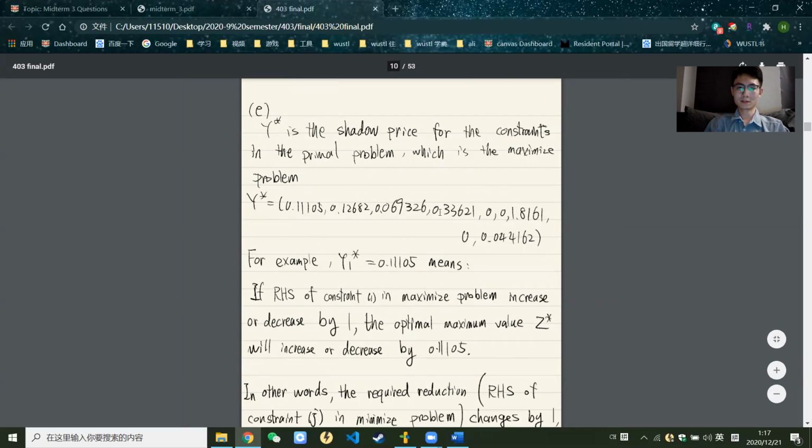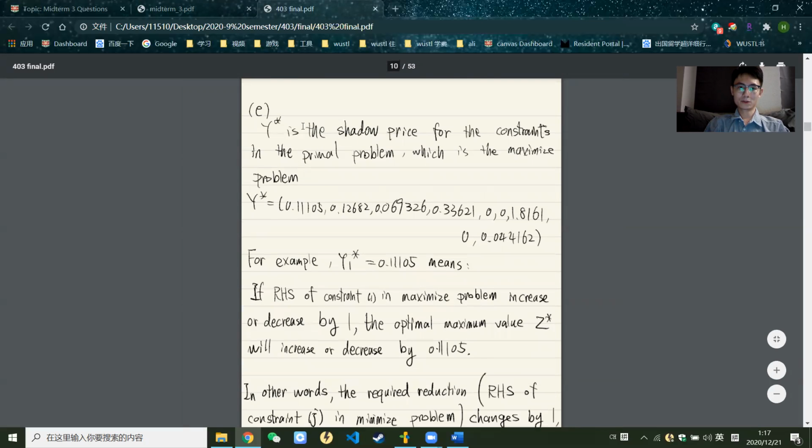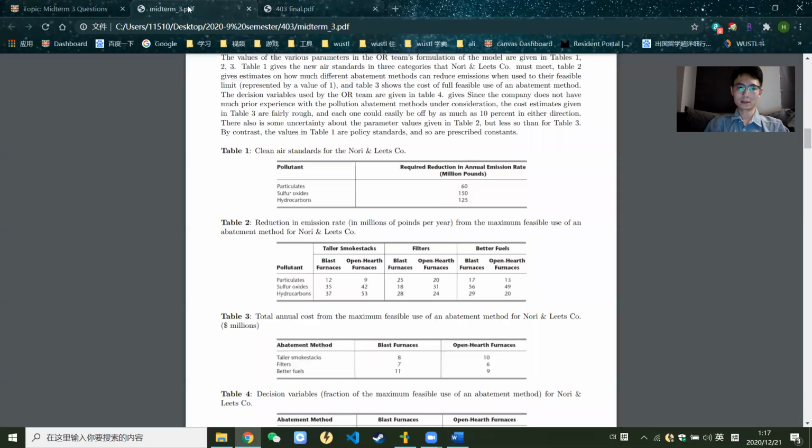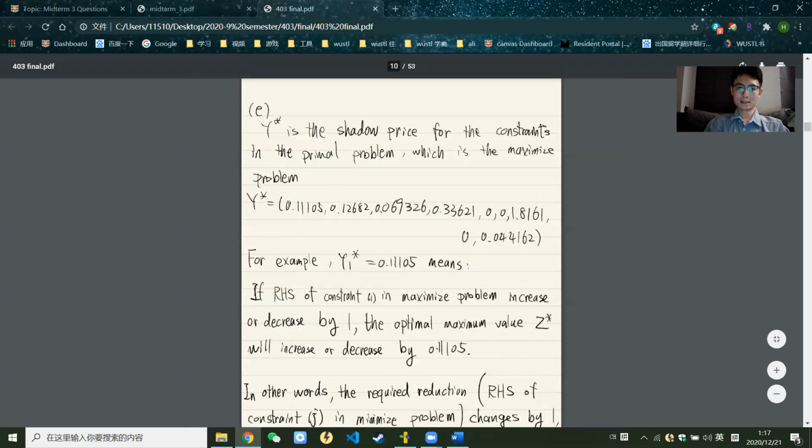This is the definition of the shadow price. So any unit change in the right-hand side of the primal constraint will make this the solution to the dual problem. So these are shadow prices.